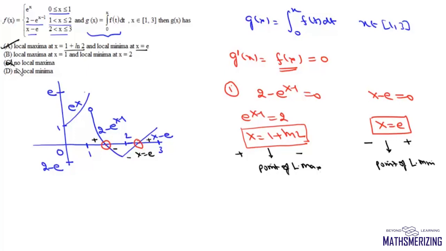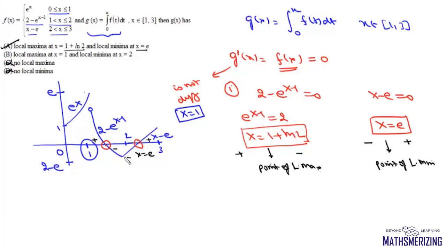So that means options C and D are incorrect. Now what about option B? It says local maxima at 1 and local minima at x equals 2. So in addition to the points where f(x) equals 0, we need to find points where this function g(x) is not differentiable. g(x) is not differentiable at x equal to 1, because at x equals 1, this function f(x) is discontinuous.